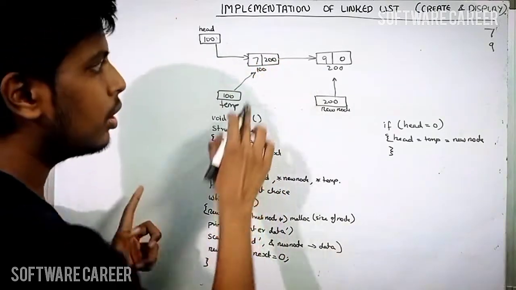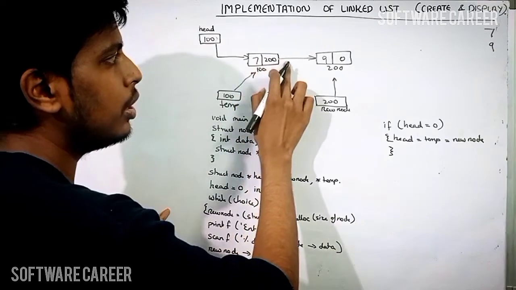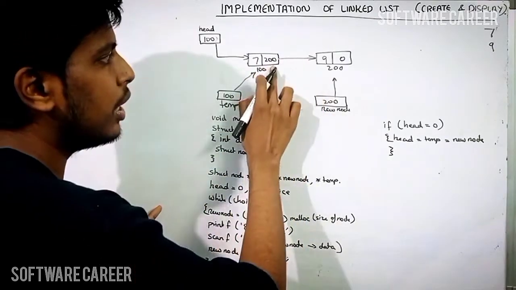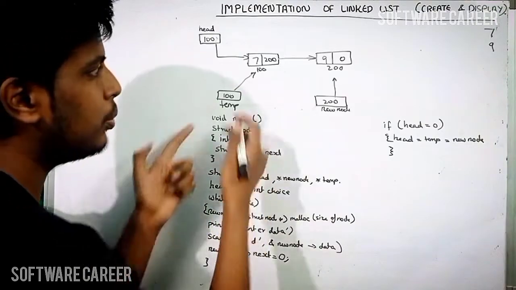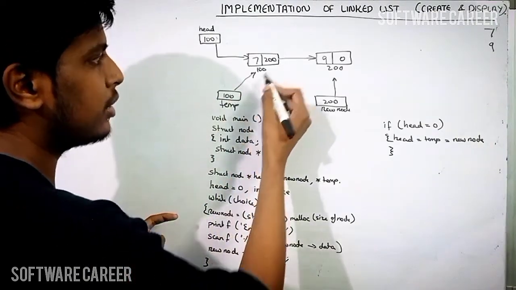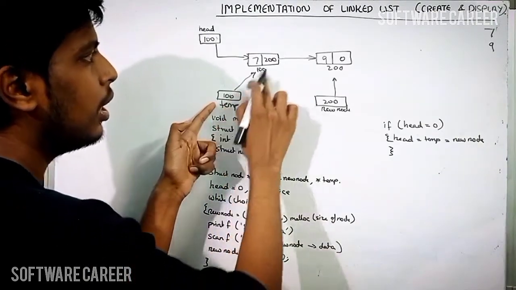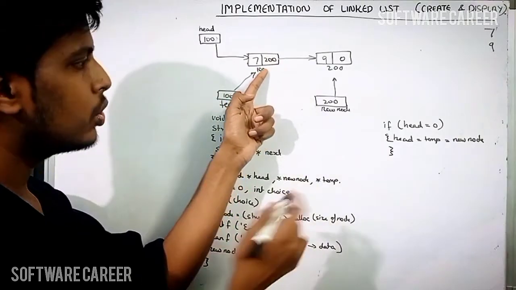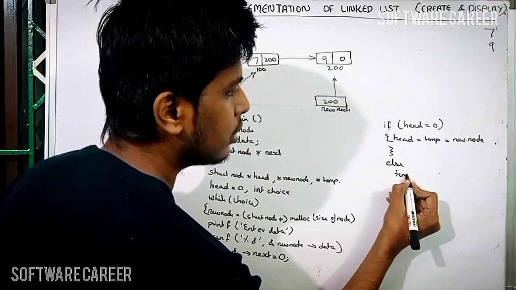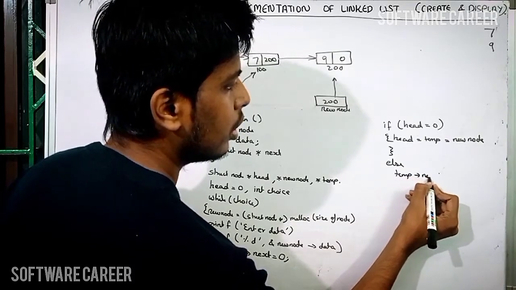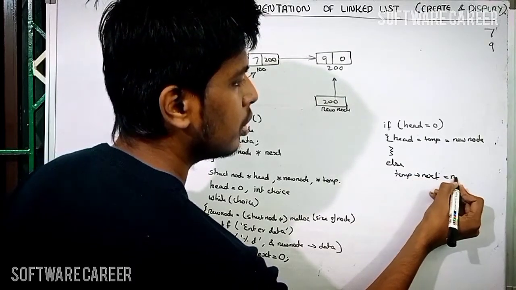Now if I write 200, it creates a link. Now how can I access this pointer? For that I am using this temp pointer. That's why I am using this temp pointer. Temp next. See, temp is 100. 100's next was 0 before. So in that, see, I am writing the code. Else temp next equals new node.